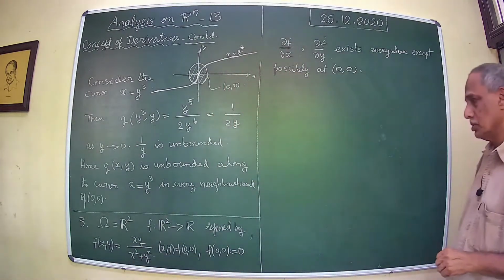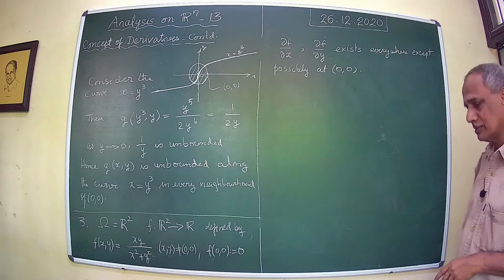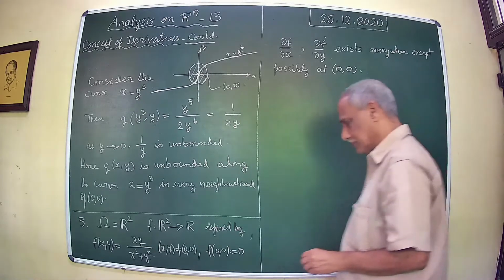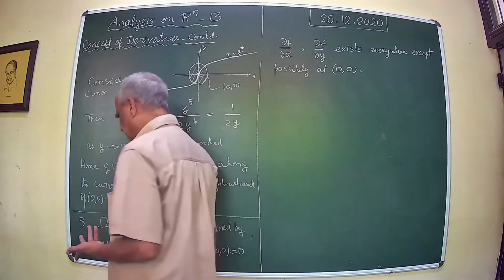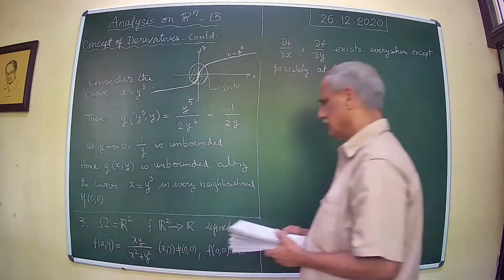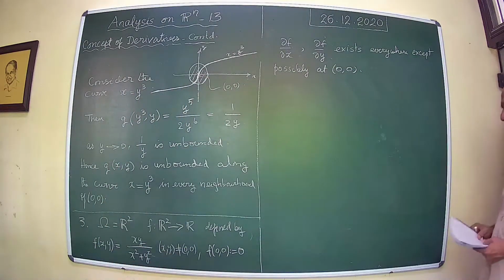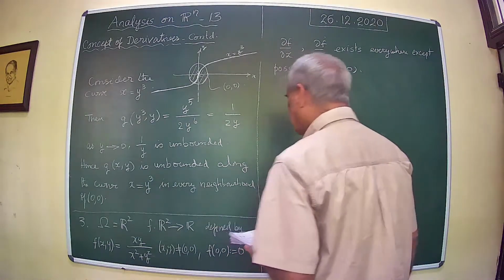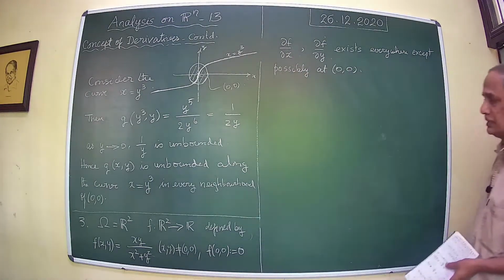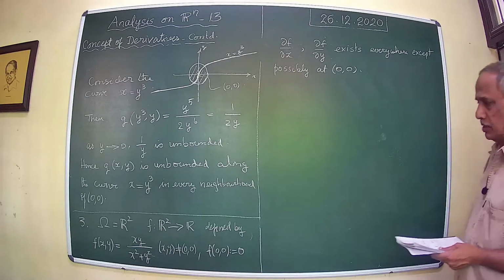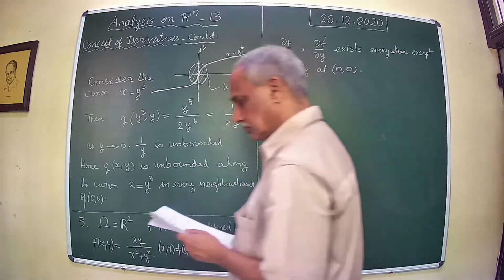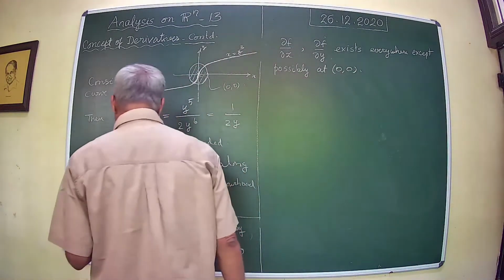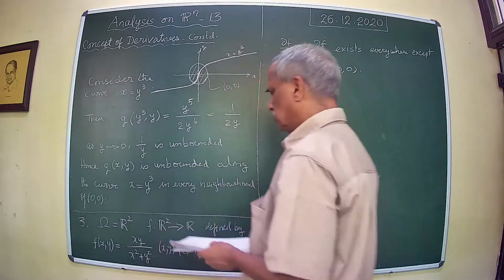So the denominator is never vanishing. It's a ratio of two smooth functions, and smoothness of the numerator and the denominator takes care of it. Similarly, for the partial derivative with respect to y, same argument. It's also quite easy to see.